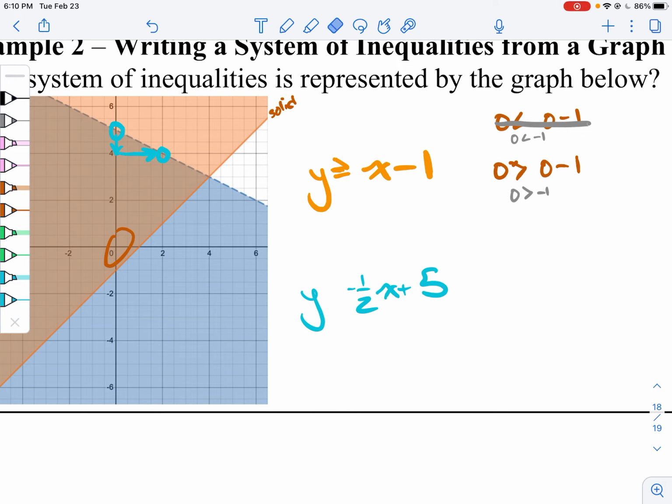So let's use a nice little checkpoint here. How about, I don't know, 0, 0. Is it true that 0 is less than negative 1/2 of 0 plus 5, or is 0 greater than negative 1/2 of 0 plus 5?